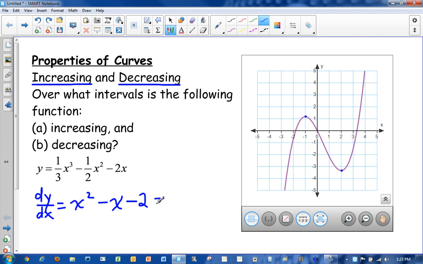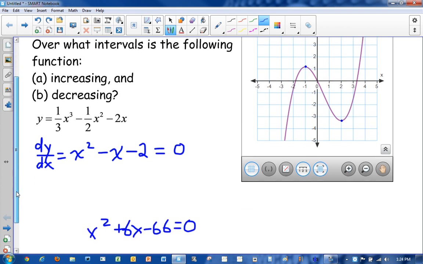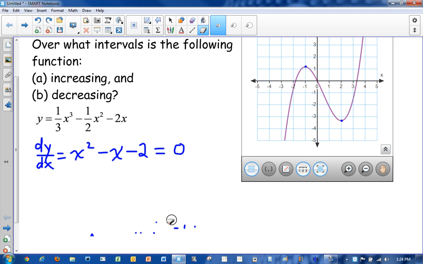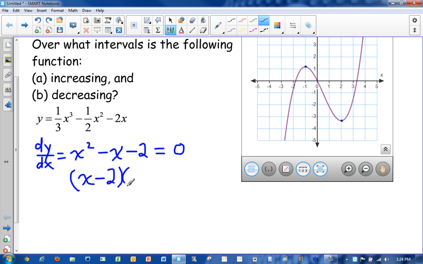So if I set the derivative equal to 0, that's going to help me find where these x's are, even though it's probably kind of obvious from the graph. It's not always obvious from the graph. Ignore this stuff down here. That was a previous example that did not work out for me. I'm going to factor this, or if you couldn't factor it, you would use the quadratic formula or whatever you wanted to use.